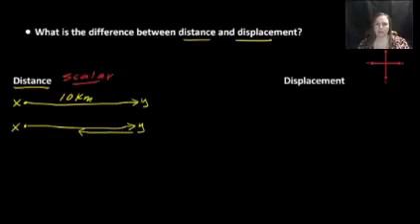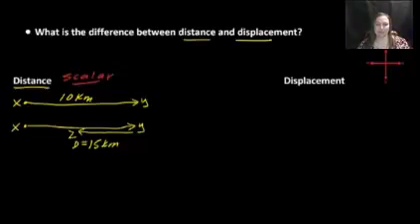We'll call that point Z. If you stop here at point Z, the total distance that you traveled was 10 kilometers to Y and 5 kilometers halfway back to X. Z places you at a total distance of 15 kilometers. Why? Because that is the total length of the path that you traveled between the origin and your final destination, which was point Z. So the distance you traveled was 15 kilometers.